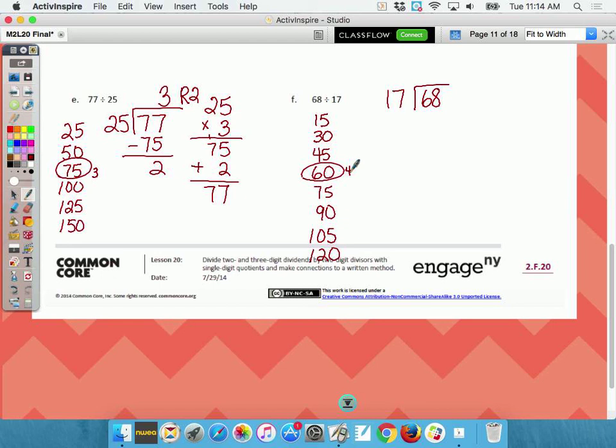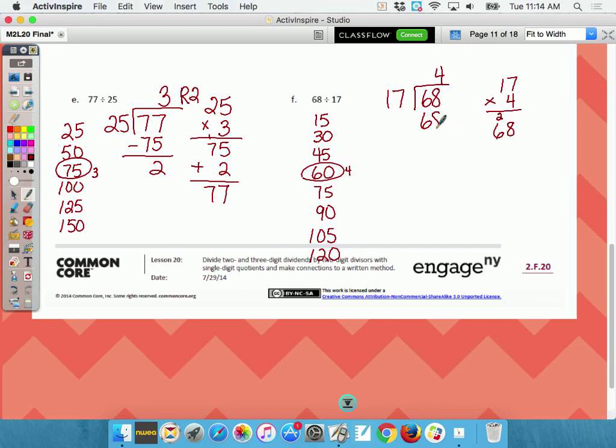I got 3. You got 3. So you might have had to adjust it. Let's see if this works. We're going to try a 4. And we're going to say 17 times 4. Or we might have to adjust it. You never know. What is 17 times 4? 28. 7 times 4 is 28. 4 plus 2.